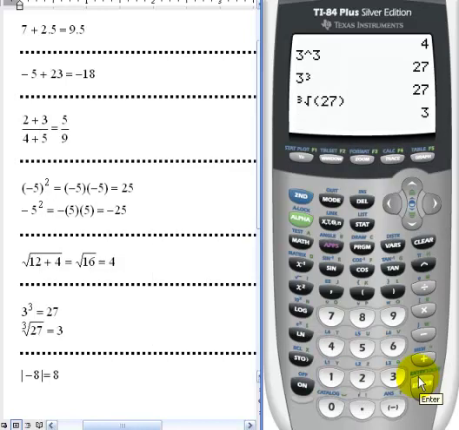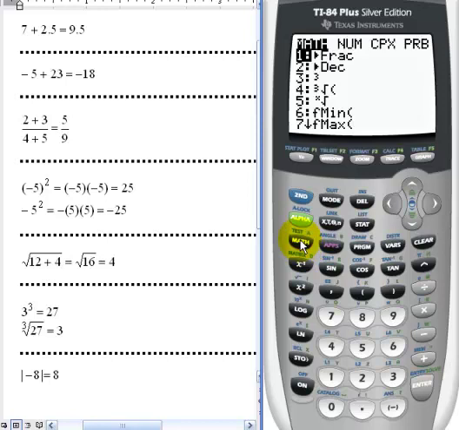One last basic operation I want to show you is absolute value, and it's back under the math key. If I go back to math, I actually have to click the arrow button one time. There are 4 menus under the math key. The cube root and the fraction feature were under the math menu.